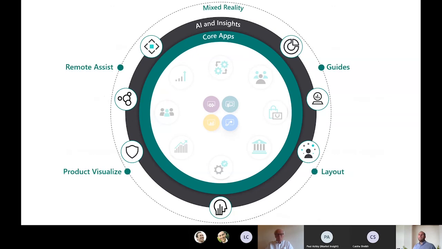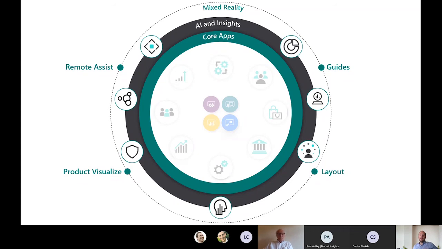And then finally, we've got our mixed reality application. So pretty out of scope for today's conversation, but I wanted to make sure that you had an awareness that our mixed reality applications like Remote Assist, Product Visualize, Layout and Guides are all sitting on this same Microsoft Business Applications platform. So let's say as a higher education organization in a pre or post-COVID world that you are at a UCAS fair or you're at a higher education recruitment event and you've got a mixed reality device like our HoloLens giving a 360-degree virtual tour of campus.